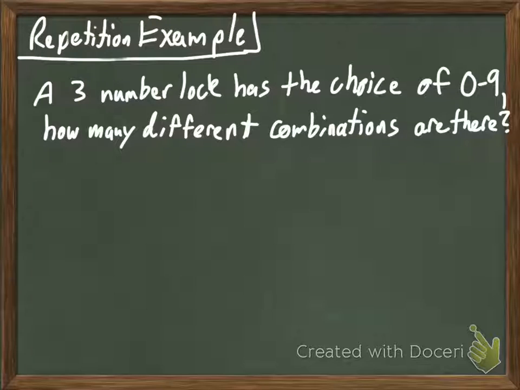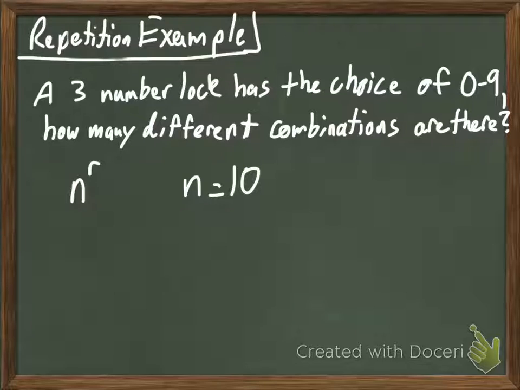So what we have to do is use n to the r, where n is how many we have to choose from. We're choosing from 0 through 9, and that is 10 choices. So our n is going to be 10.